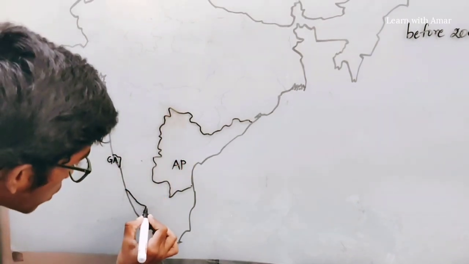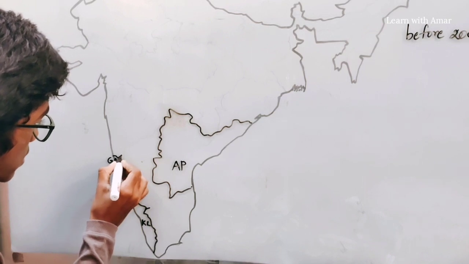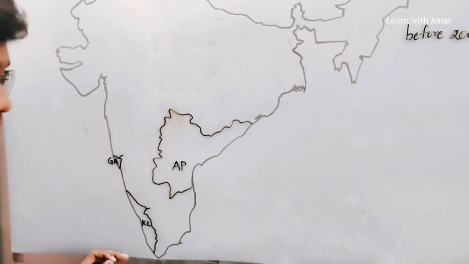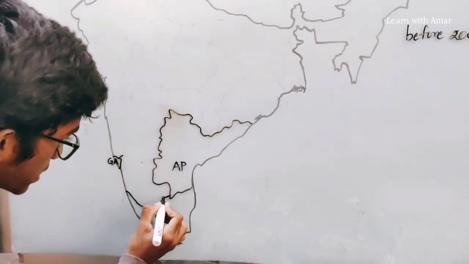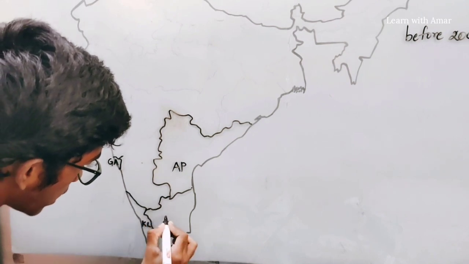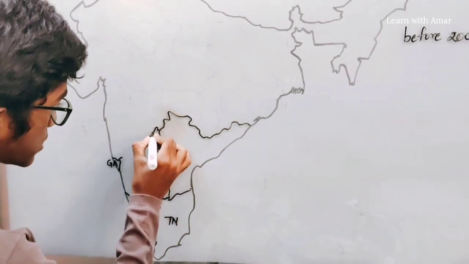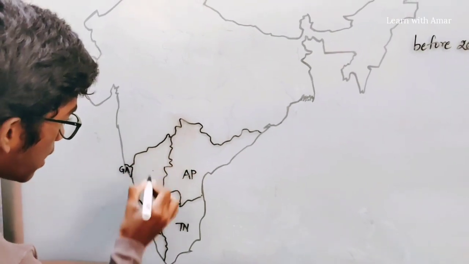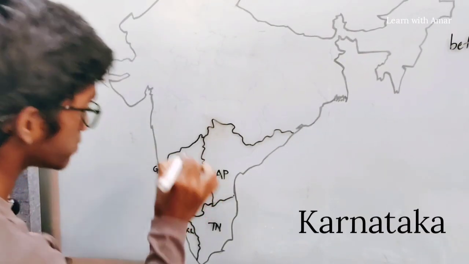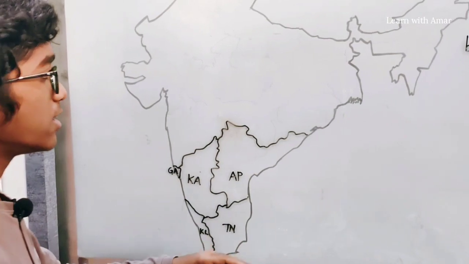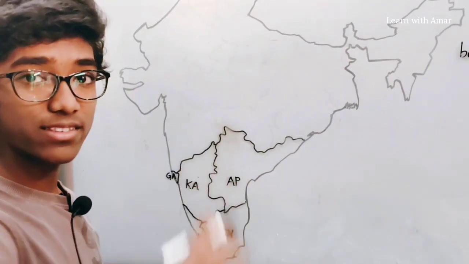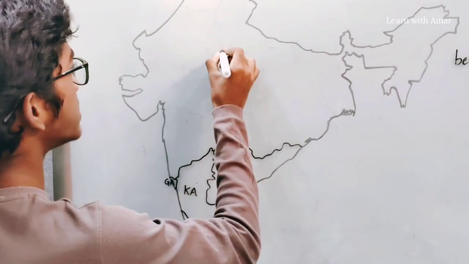So now we mark 2 lines from Goa and Kerala. We join this with Andhra Pradesh to get Tamil Nadu, right? And we join these 2 with Andhra Pradesh and get Karnataka. Alright, South Indian states completed. Now we will locate the mid state of India, the central state of India.